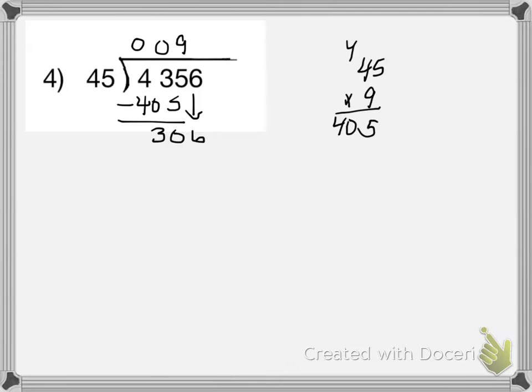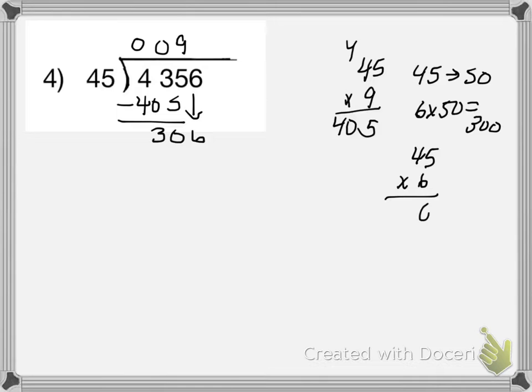All right, in my head, I know that 45 is close to 50. And I know 6 groups of 50 is 300. And that's just under the 306. So I'm going to try 6 groups of 45, and let's see what that product is. It's 270. We definitely cannot add another group of 45 to it. It would go over 306.